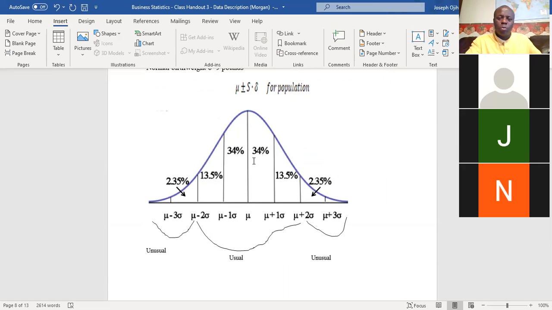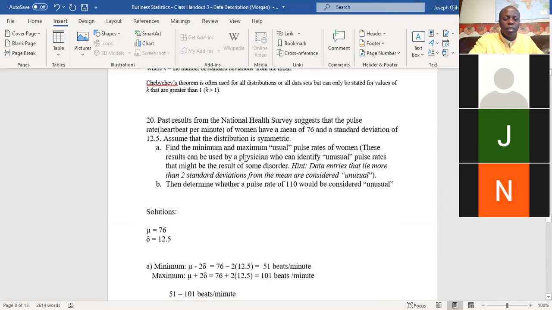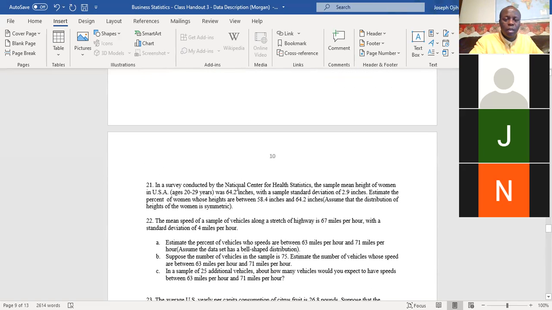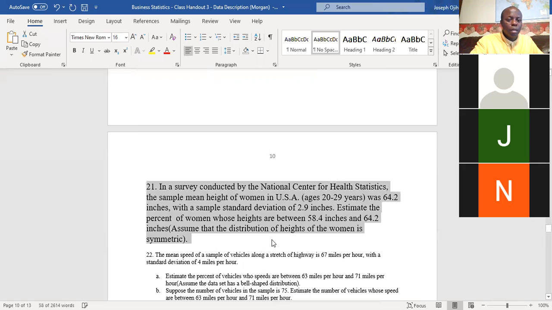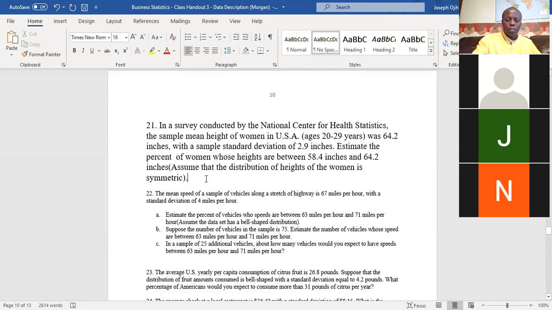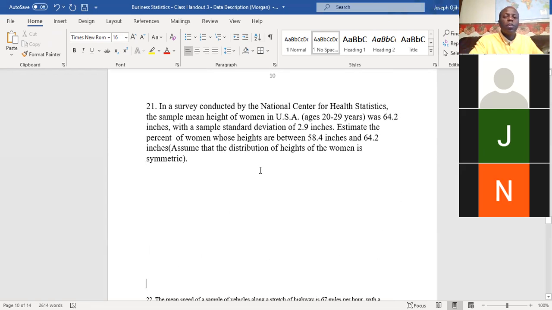Now we're going to see another way we use this empirical rule. Let's look at this question. It says that in a survey conducted by the National Center for Health Statistics, the sample mean height of women in the USA ages 20 to 29 years was 64.2 inches with a standard deviation of 2.9 inches.